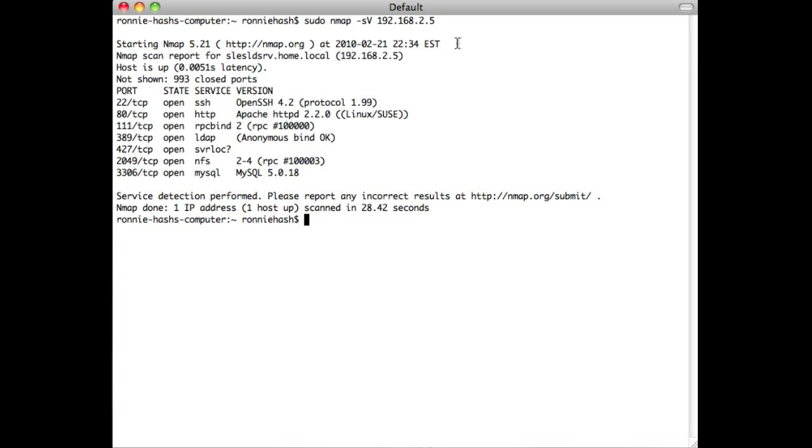Nmap is a really good utility for any admin, and it's also a tool that a lot of hackers use for bad.